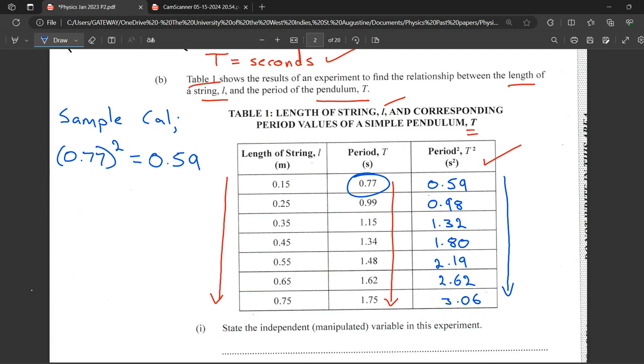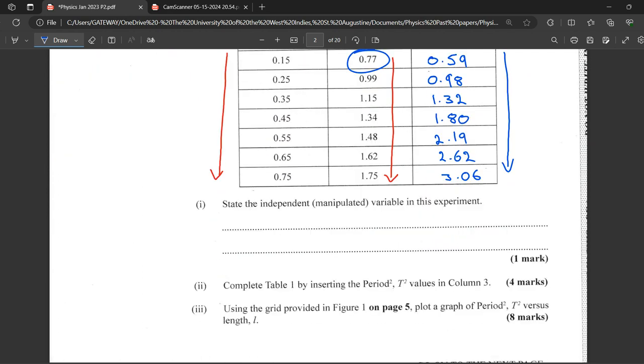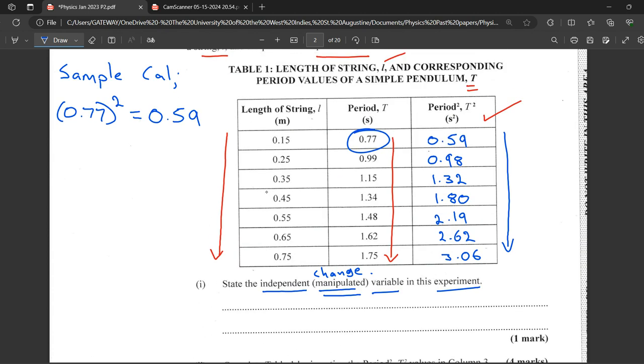So now we're going on to part one here. State the independent variable in this experiment. In case you didn't know, independent means manipulated variable, and manipulated means change. So state the variable that you're really changing. Here, the only thing you can really change is the length of the string. You have the fixed support here, this is the length of the string, and here your bob is attached.